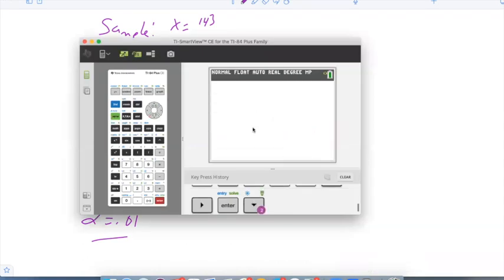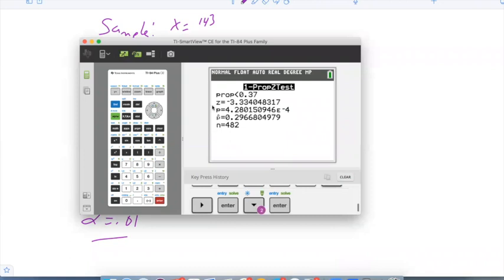I hit calculate, and that's going to give me a whole bunch of information. It's going to give me my P hat, my sample statistic. I wish the calculator would make this a capital P, because that's our P value. That's our probability. And it gives us our Z-score. That's what we call the test statistic.